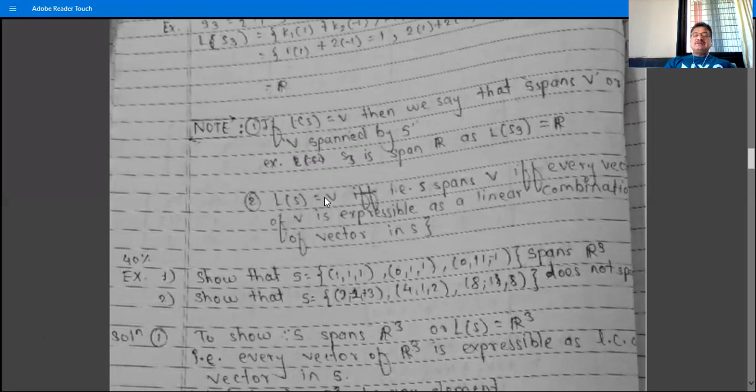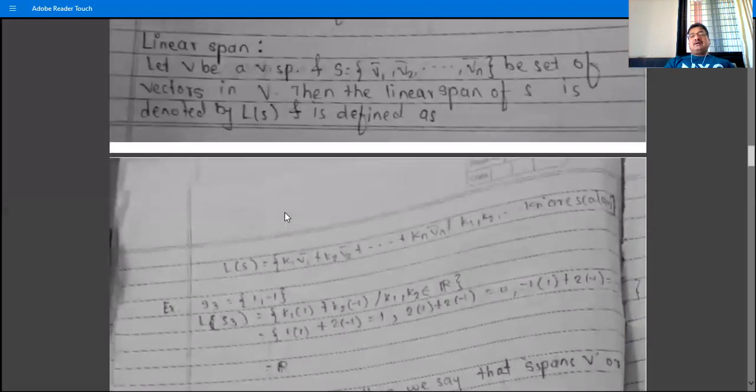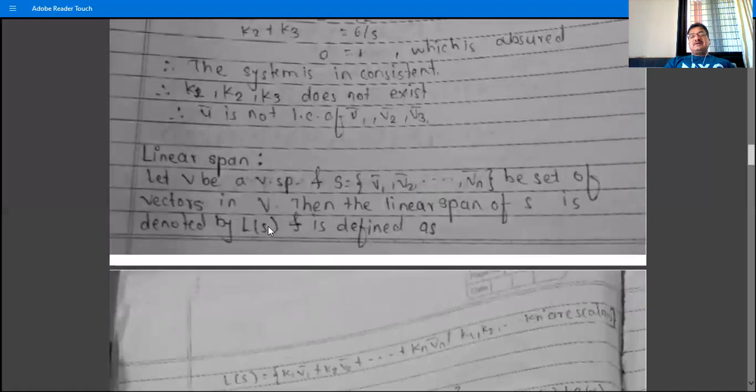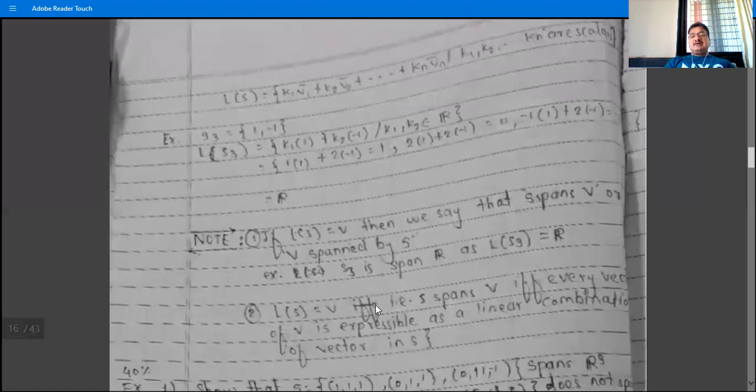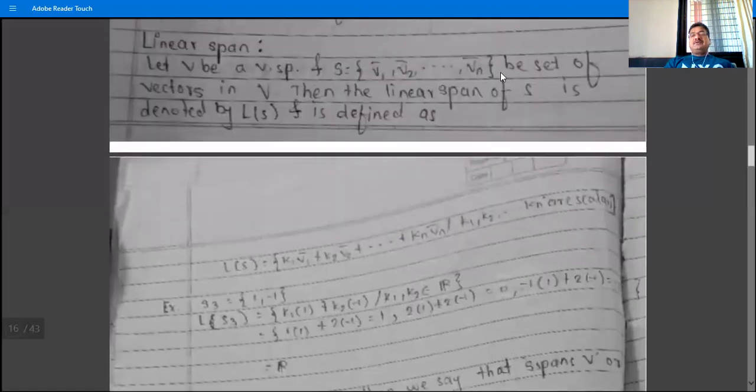Because when L(S) is equal to V, these two sets are the same, they are subsets of each other, that is, L(S) is a subset of V and V is a subset of L(S). Clearly L(S) is a subset of V, because L(S) is the set of all linear combinations of v1, v2, ..., vn. Suppose S is the set containing elements v1, v2, ..., vn.